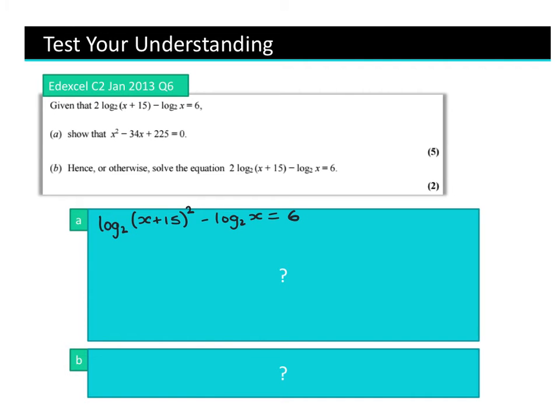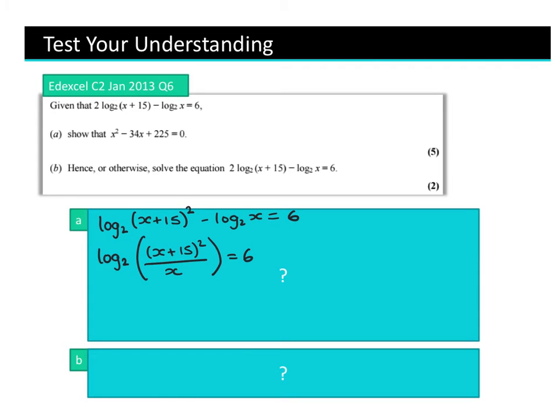Okay then we know, what are we going to do? Well, first of all, I know when I take away, this is actually a division, isn't it? So this is the same as writing log to the base 2 of x plus 15 all squared divided by x, and this equals 6. Okay?